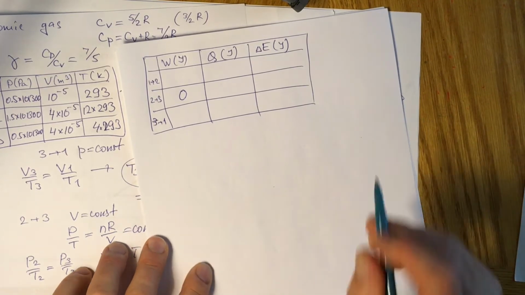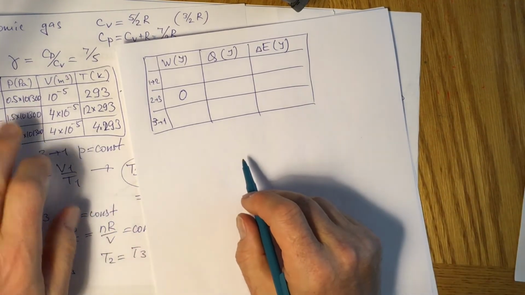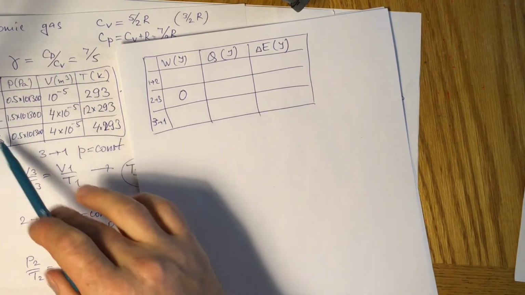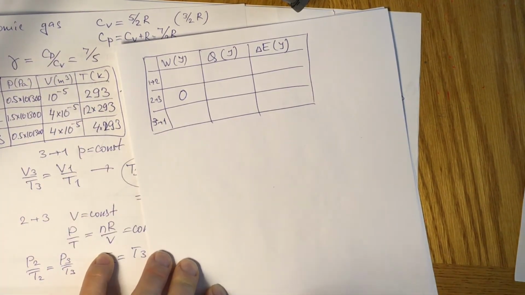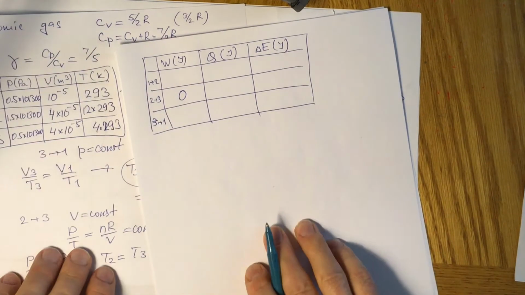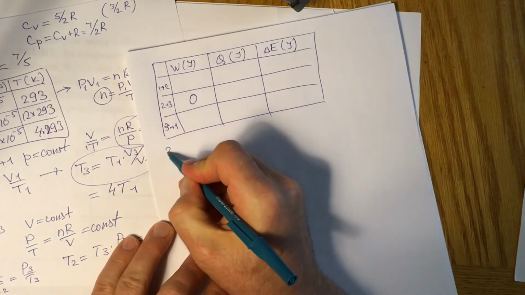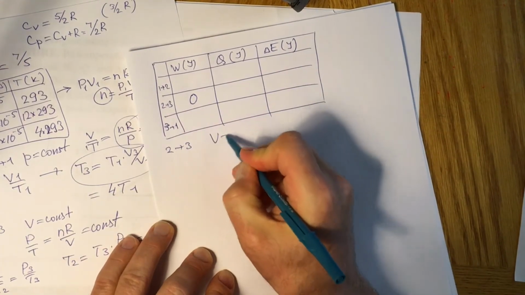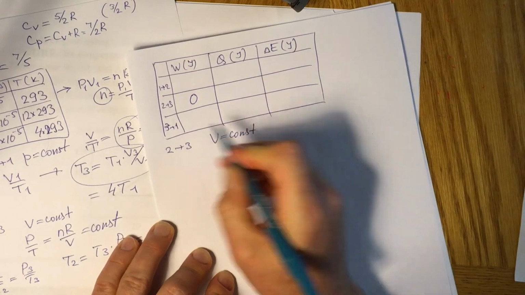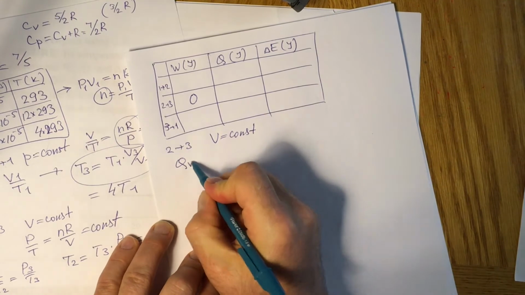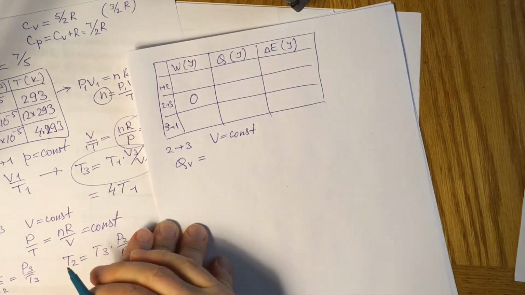So now let's use our data with the parameters and let's find everything. I will assume that I have P1, P2, P3, which I will grab from the table with the thermodynamical parameters which we created a few minutes ago. So we'll start from the process 2 to 3. In this process volume is constant, so work is 0. Now we have an expression for the amount of heat coming into the system or from the system at constant volume.